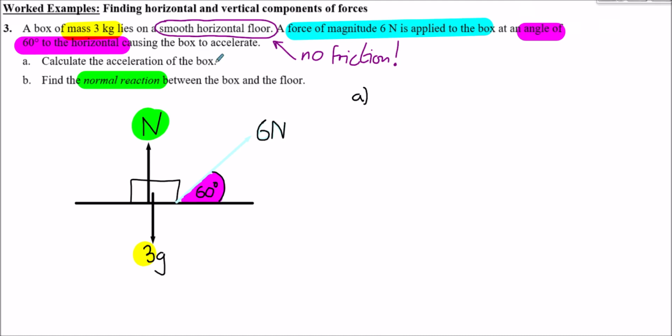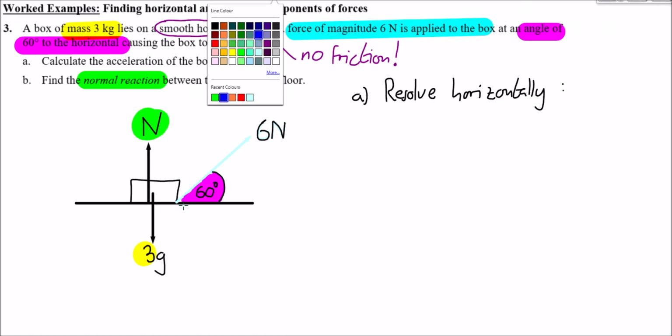There's no mention of this box being lifted up or pulled downwards. So what we can do is resolve horizontally, and I suppose actually also vertically. Let's just do both.